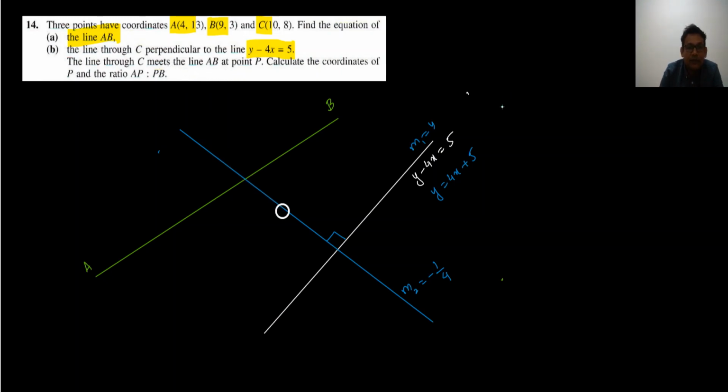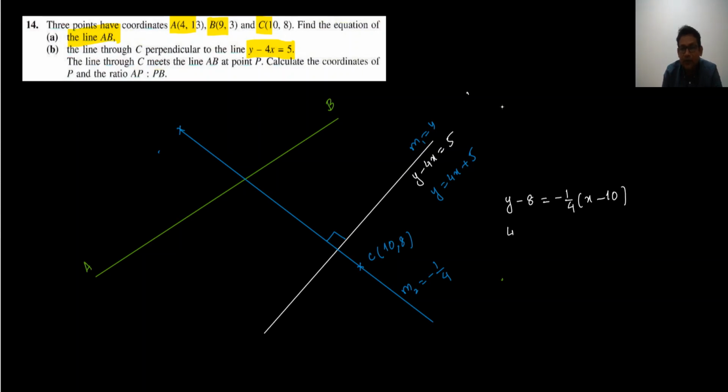Now it's given that this line is also passing through C. C is about 10, 8. Suppose C is here, because we are not drawing the exact sketch. Can you find the equation of this line? With coordinates 10, 8 and gradient minus 1 upon 4, y minus 8 equals minus 1 upon 4 times x minus 10.